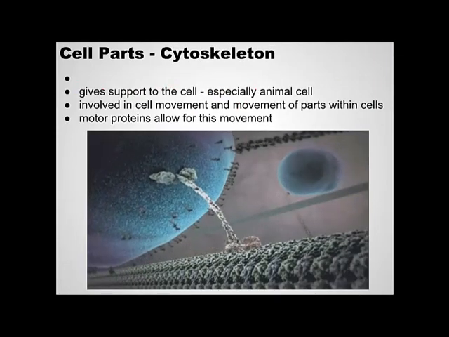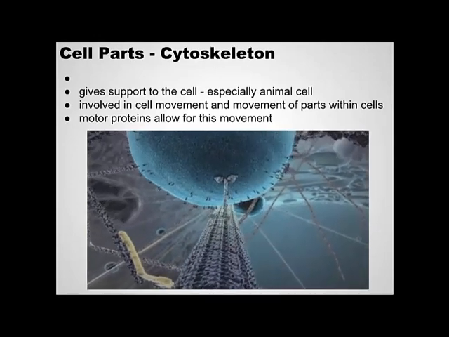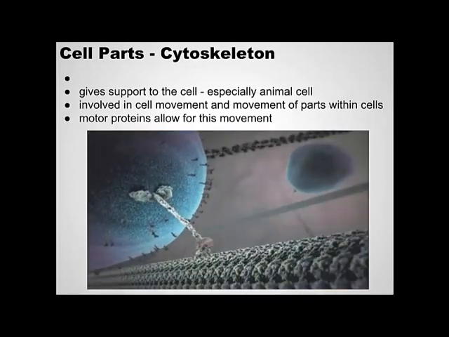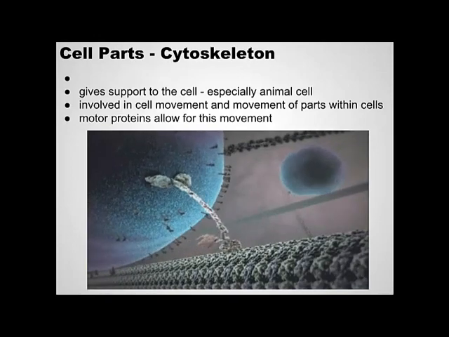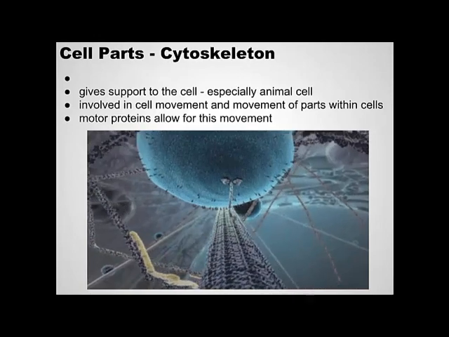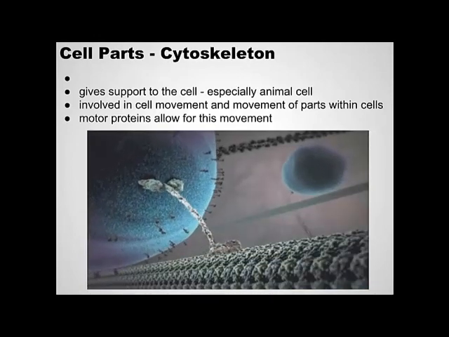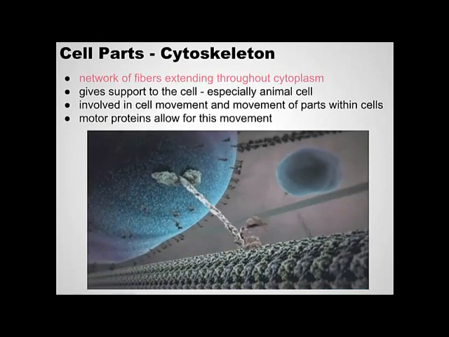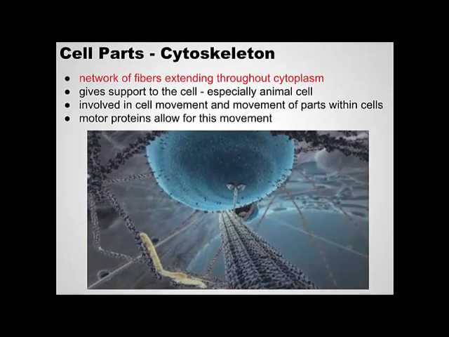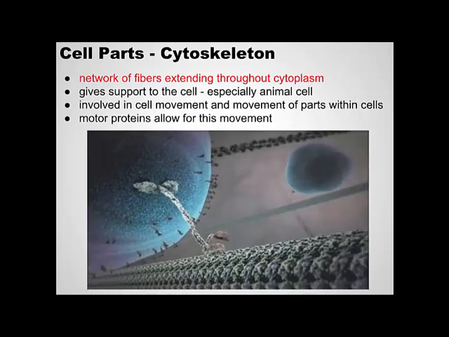We saw this in the video we saw before. We sometimes imagine cells to just be like a balloon filled with a liquid. But they actually have what's called the cytoskeleton that helps give them their structure. The cytoskeleton is this network of fibers that crisscrosses the cell.